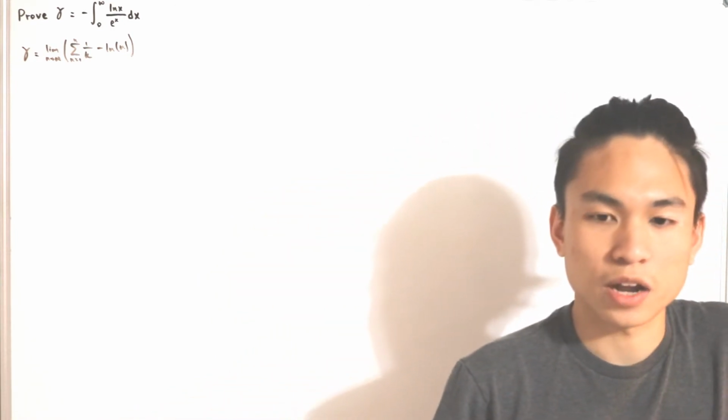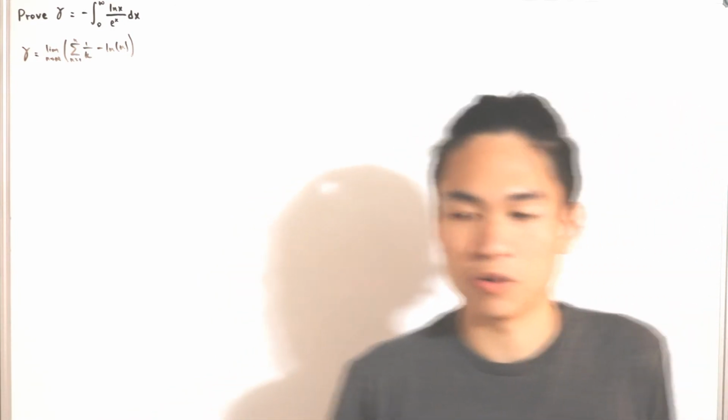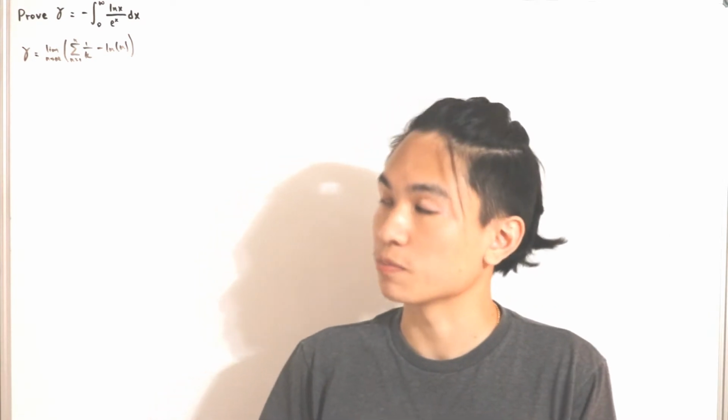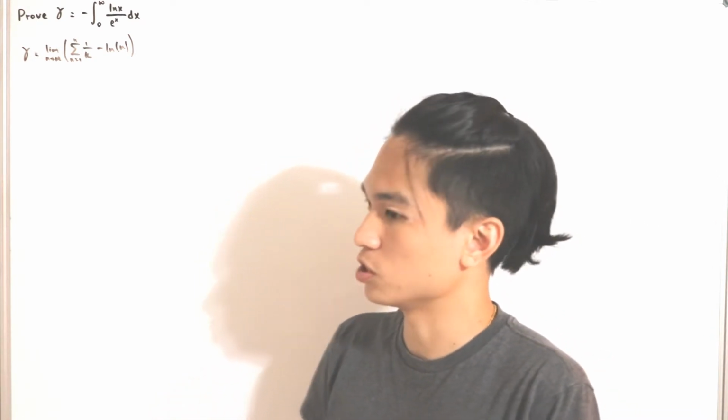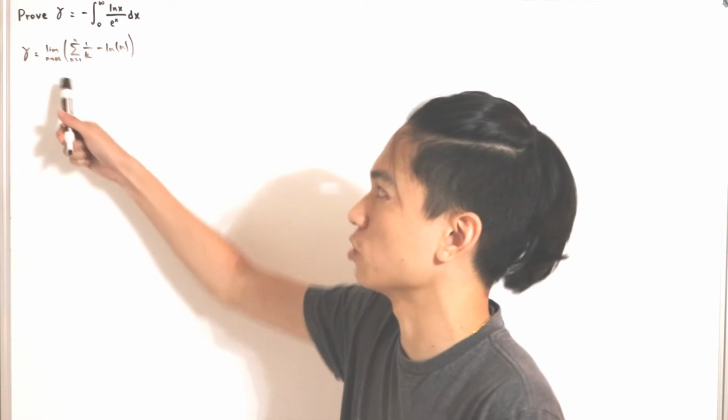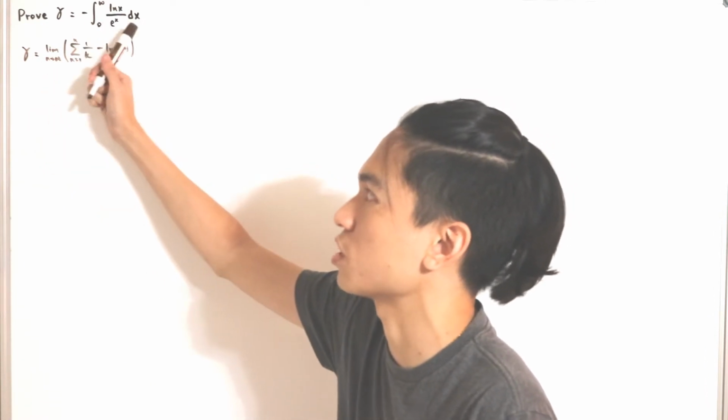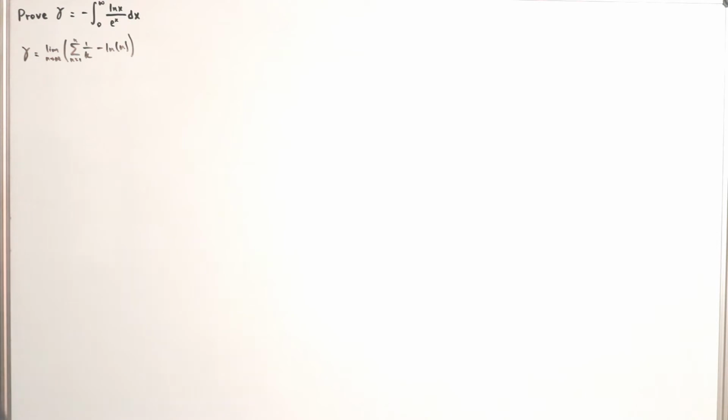So now that we got that out of the way, now you know what the Euler-Mascheroni constant is. The whole point of this is we're trying to show that this equation is equal to this integral. So let's get started. Let's define the following.